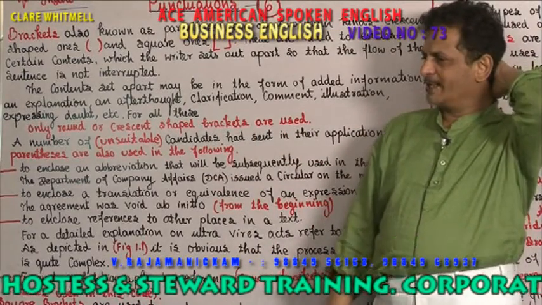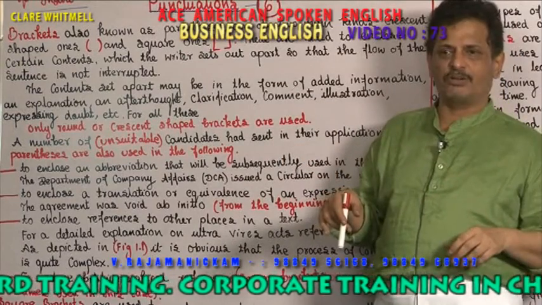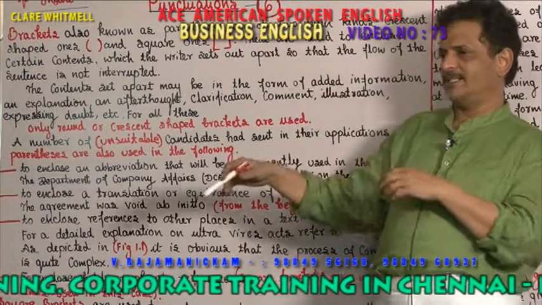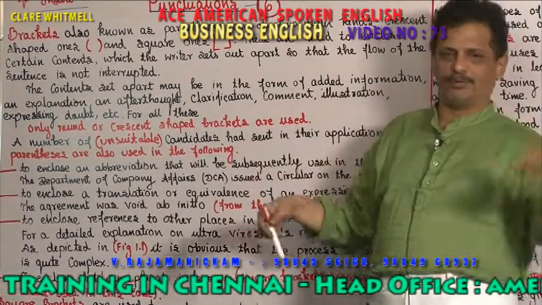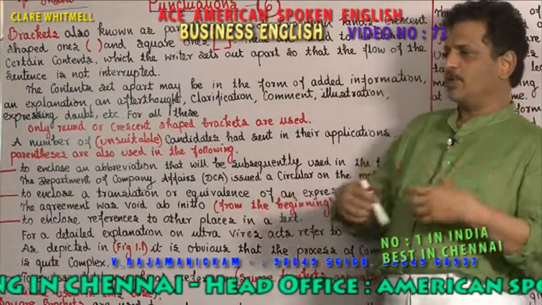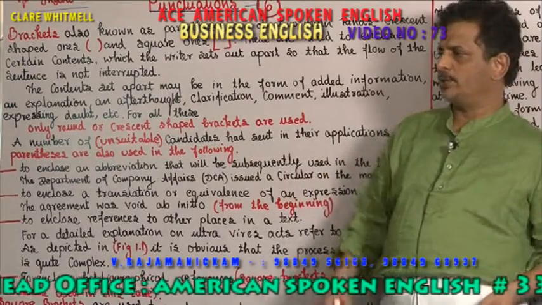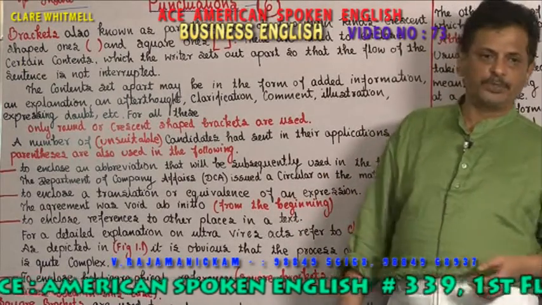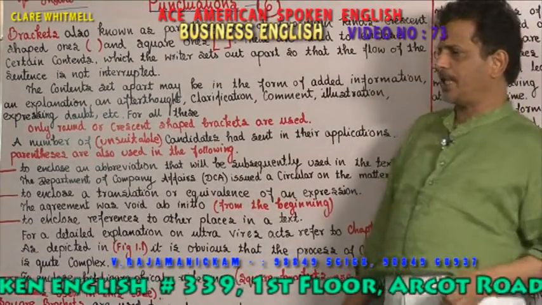For example, Jayalalitha, in bracket I put the Chief Minister of Tamil Nadu, is not feeling well. She is in the hospital, bracket I put Apollo Hospital, right? So I want the flow of the sentence to continue without any interruption. So I am using brackets, and the brackets are of two types: crescent shaped, square shaped.